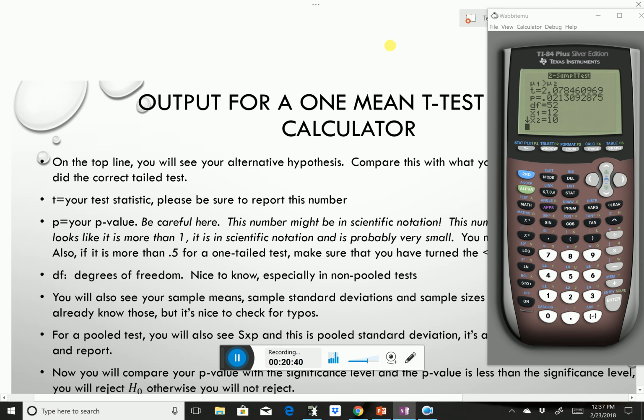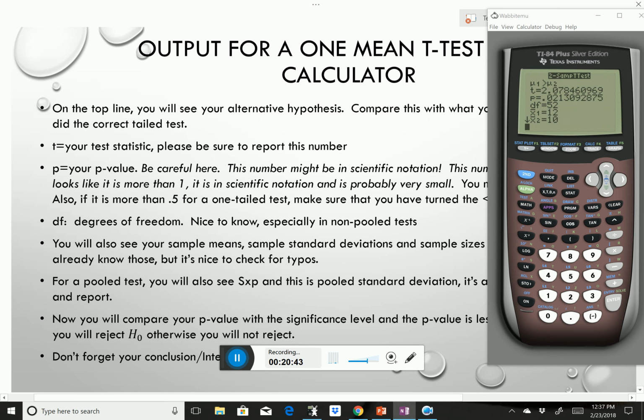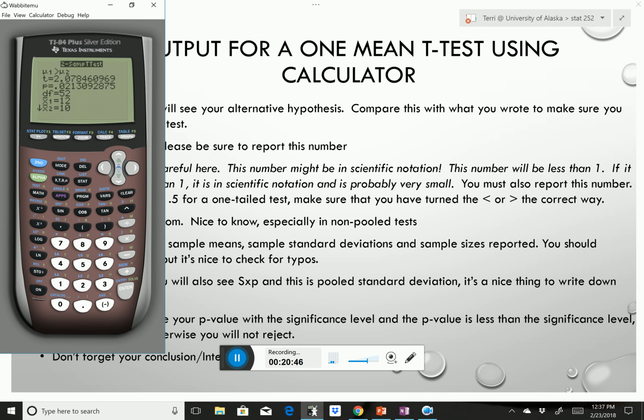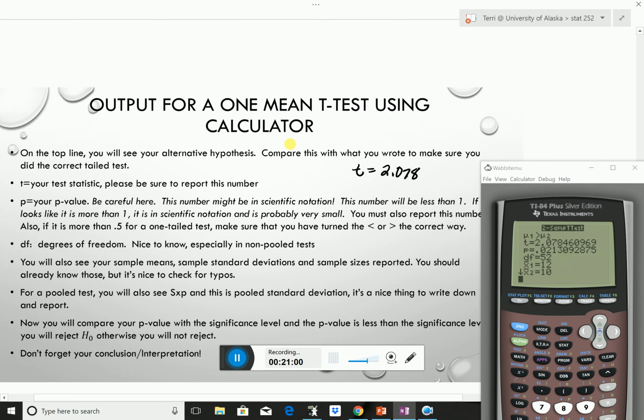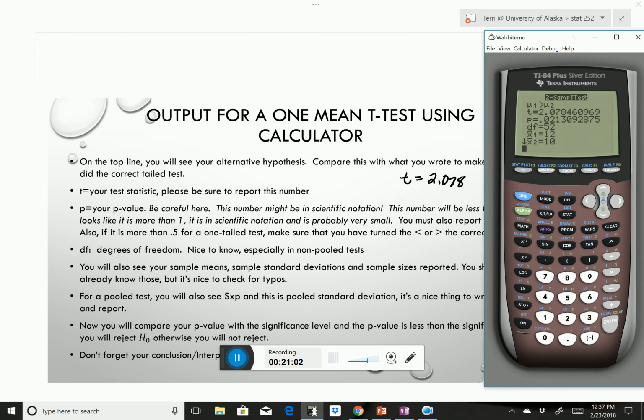So now we look at the rest of this. So we go t. In our case, we got a t equal to 2.078. That's good. I don't know how many places to put it here. We'll make this smaller. There we go. Now I have a place to put it.